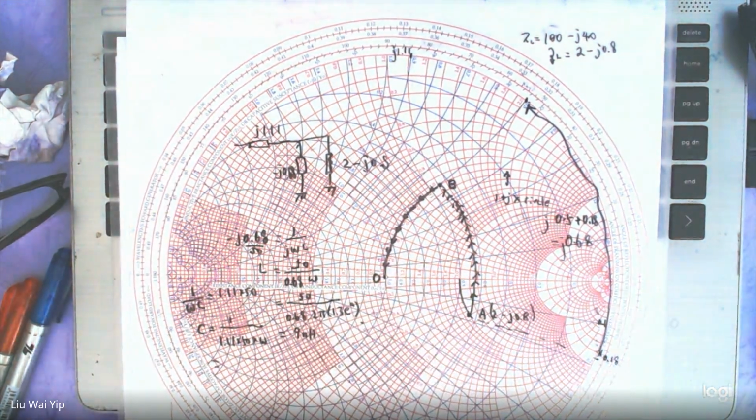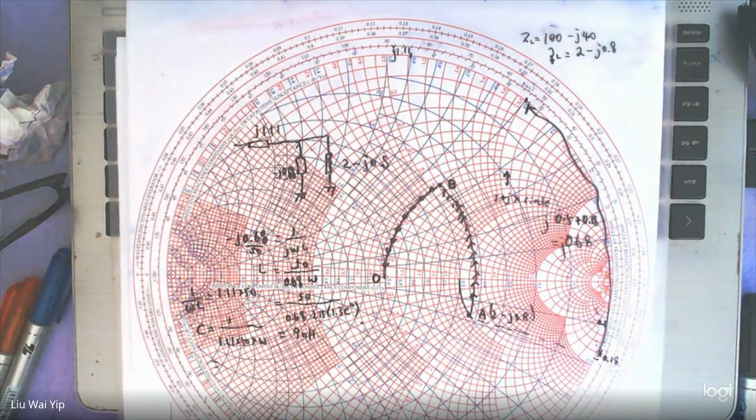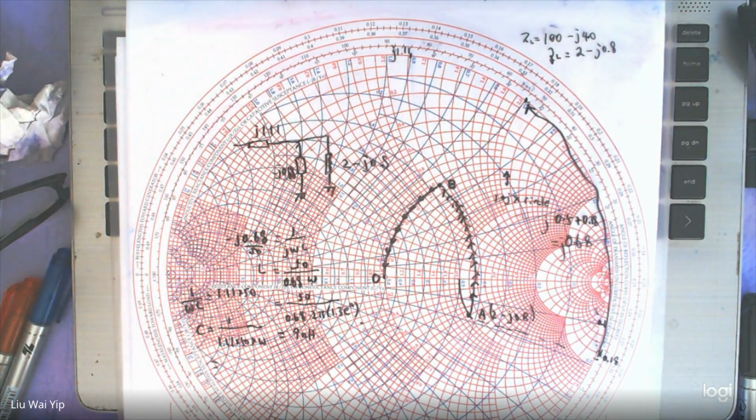So if I do it carefully, 1 divided by 1.11 divided by 50 divided by 2 pi, and then 1.3 divided by, right?